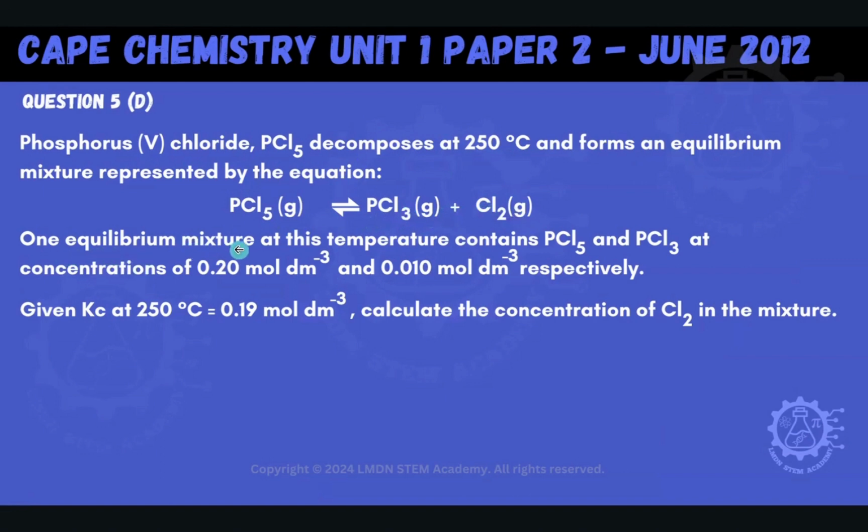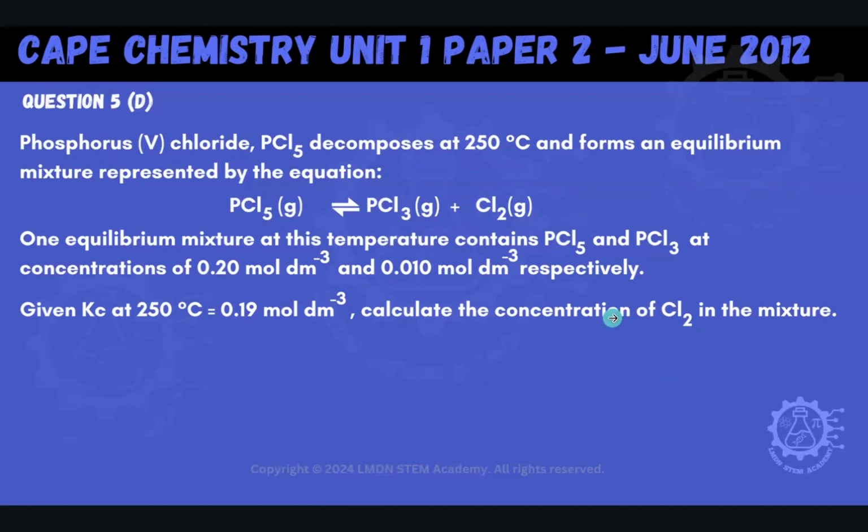One equilibrium mixture at this temperature contains PCl5 and PCl3 at concentrations of 0.2 mole per dm cube and 0.01 mole per dm cube, respectively. So given that the Kc at this 250 degrees C is 0.1 mole per dm cube, we're being asked to calculate the concentration of Cl2 in the mixture.